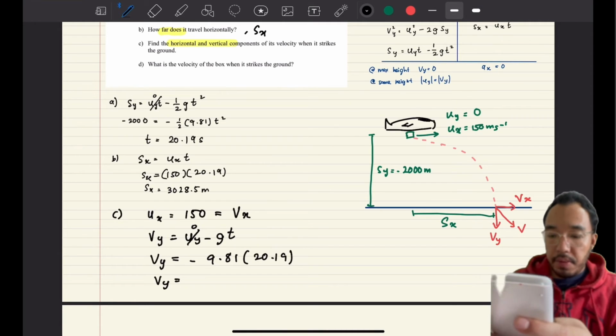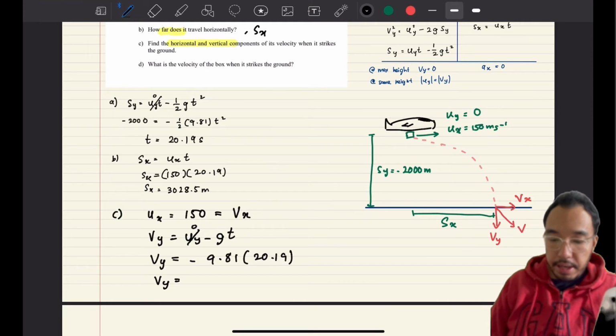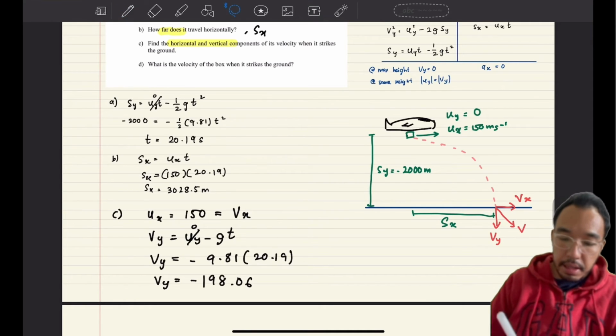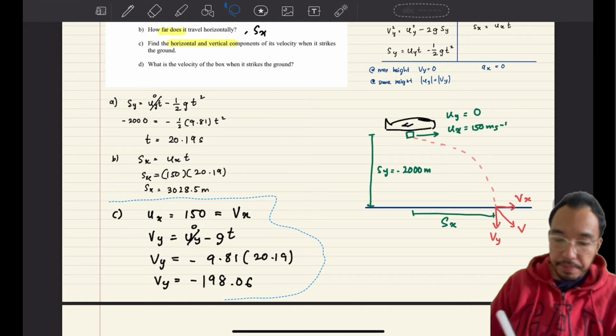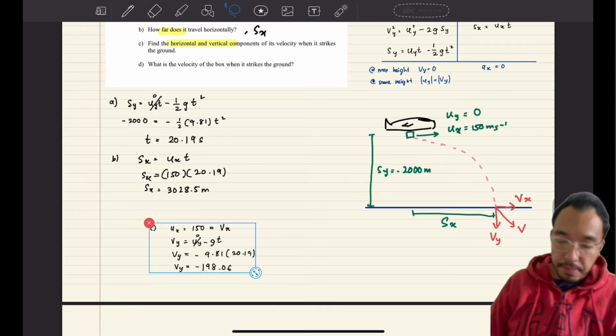So 9.81 times 20.19, I got here is negative 198.06. Okay. So the negative here represents the direction. And in this case, it will be downwards.